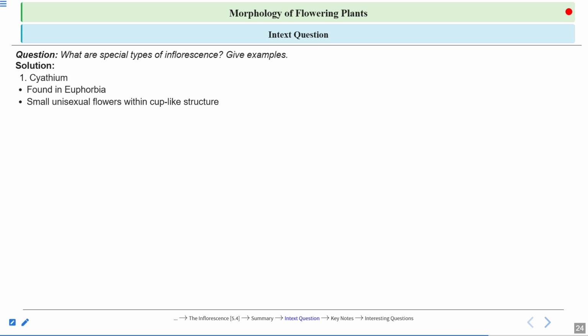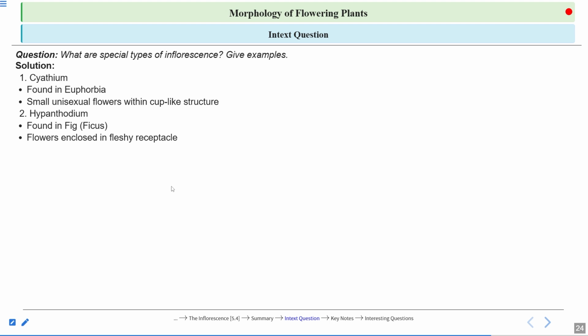This is found in members of Euphorbiaceae. In Cyathium, the male flowers are arranged around one central female flower. So there is one central female flower, and around it, 5 male flowers are arranged outside it.